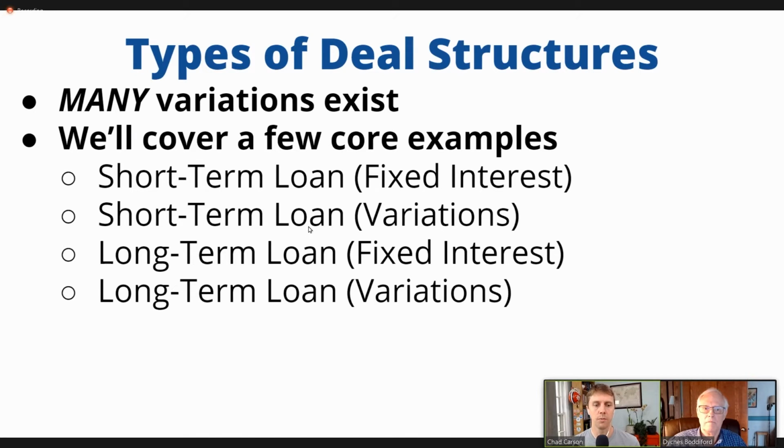Then we're going to go to buying properties with private money for the long term, which I've done a lot of, some of my rental properties. We're going to talk about a fixed interest long-term private money loan, the base building block we'll cover. And then we're going to get into some variations on how you might add or change around that long-term loan.